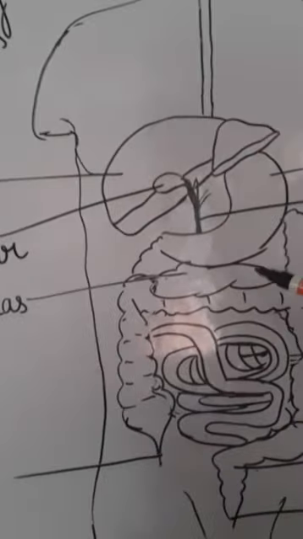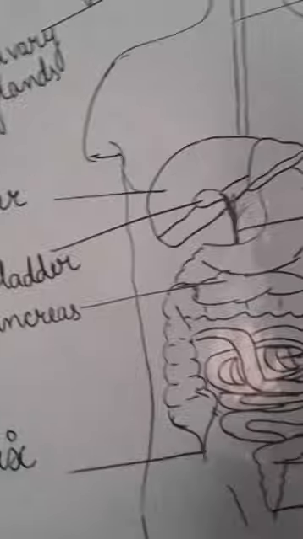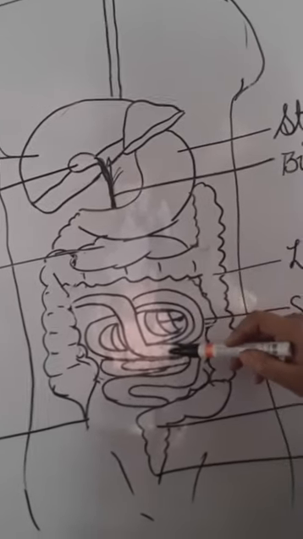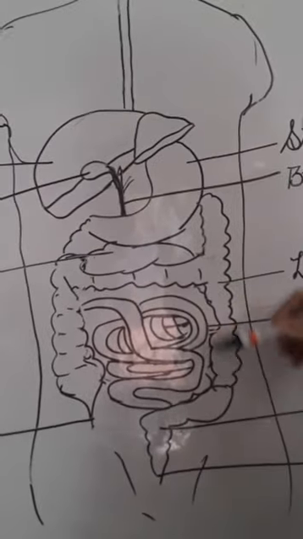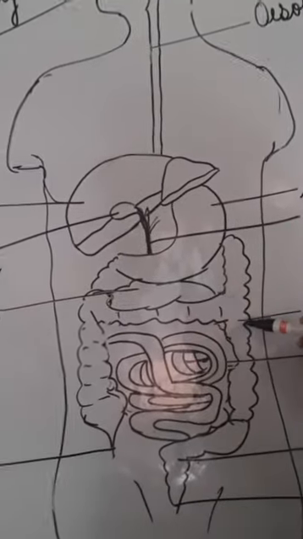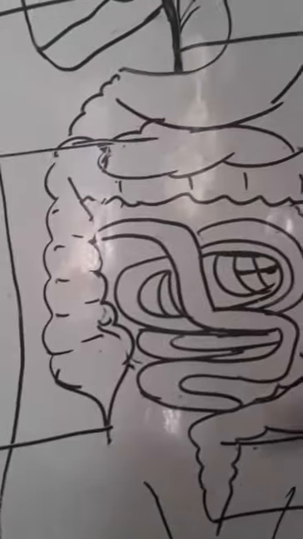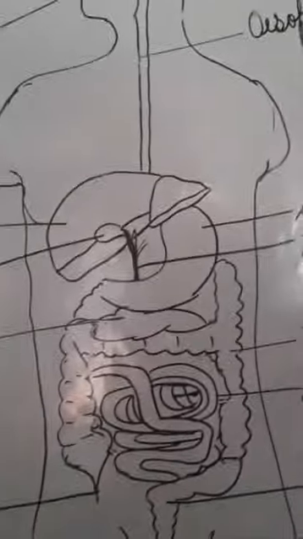The small intestine is a highly coiled structure, approximately 6 meters long, and most of the digestion takes place here. The small intestine opens into the large intestine, and afterwards come the rectum and then the anus. These are the compartments which form the alimentary canal.